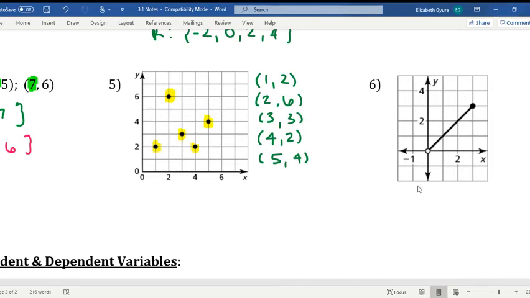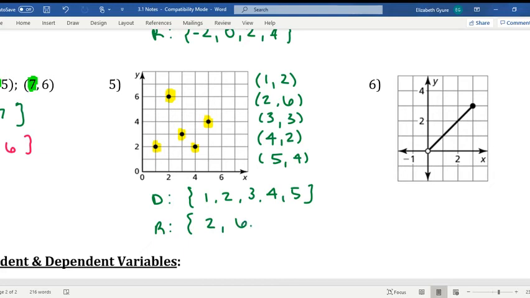And then let's write our domain and range as our list. So domain, what did you write for your domain? Yep, 4 and 5. Good. And then range, what did you write as your range?